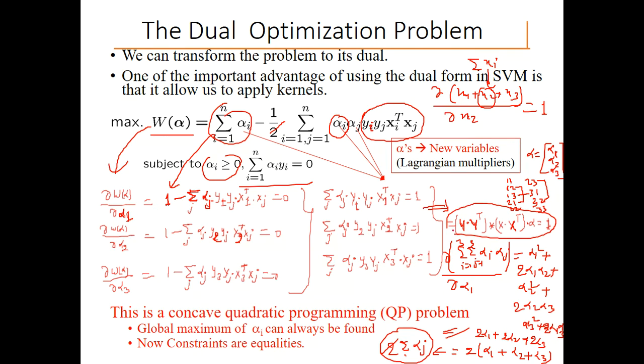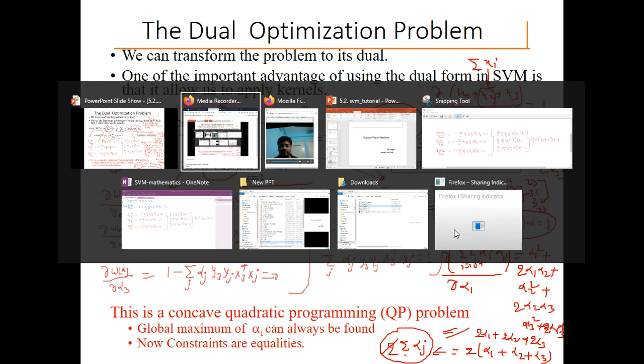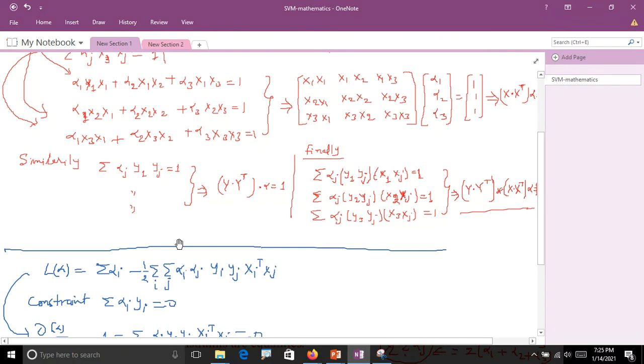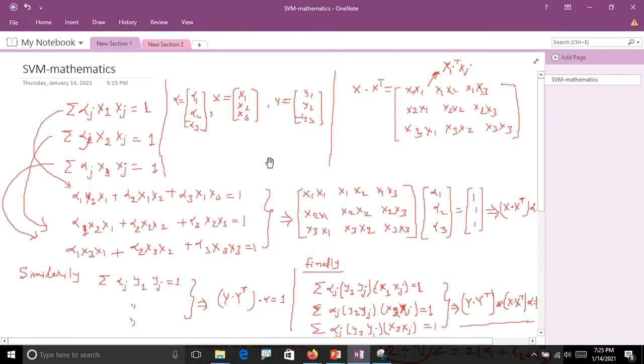How do you get it? So let us see a little more. Look at here.